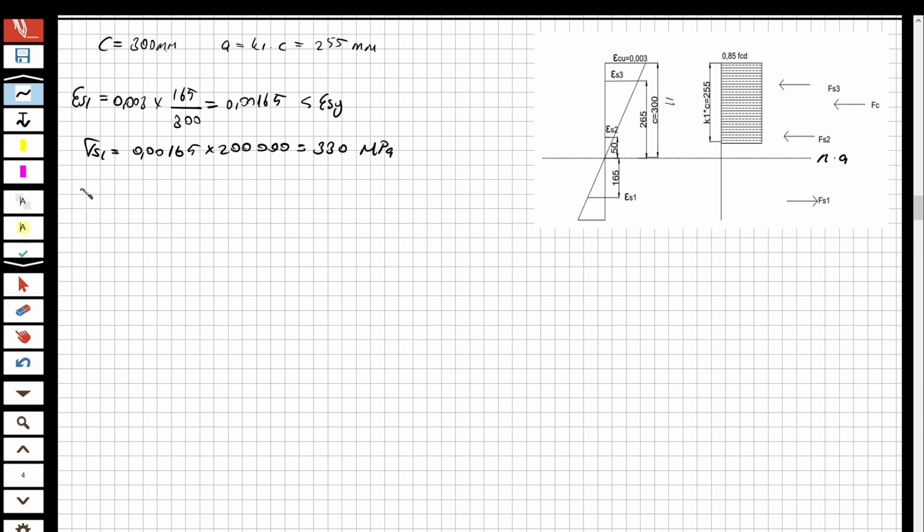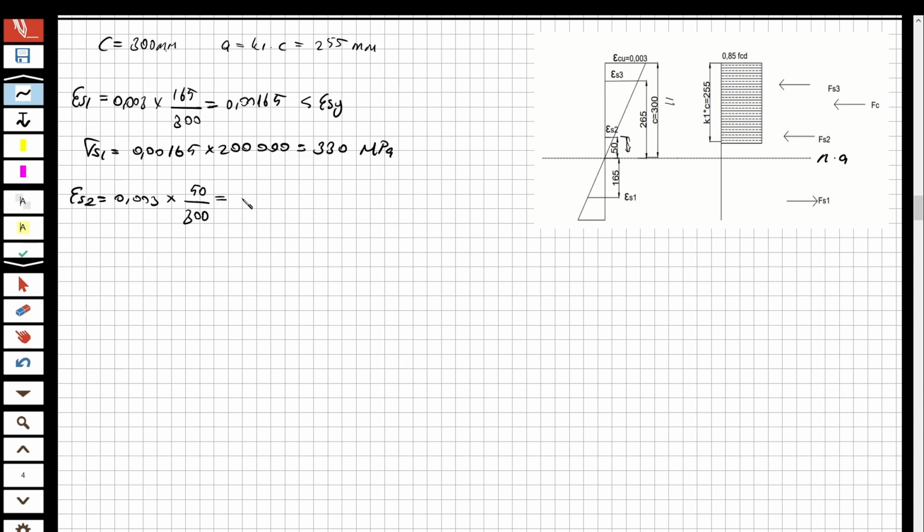Okay, so now let's do it for the second one. For the second, look at here, it's 50 over 300, right? 0.003, this is the yield strain of concrete, multiplied by 50 over 300.